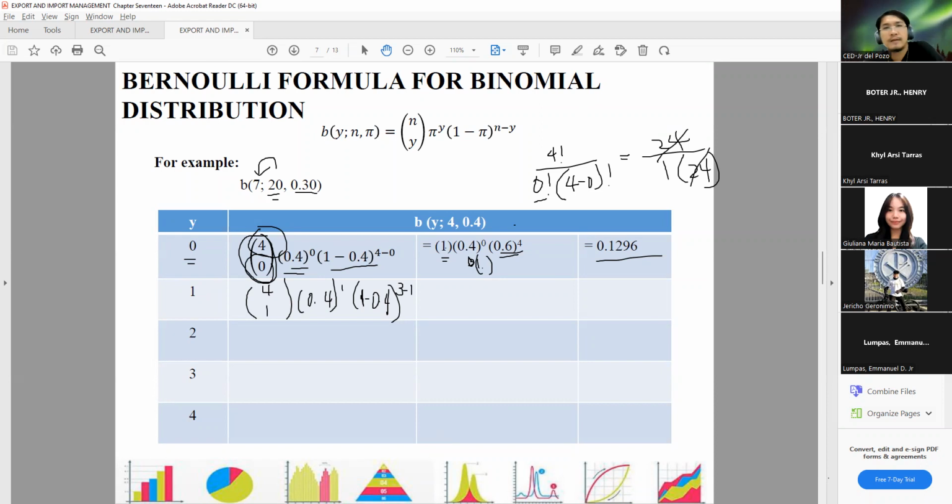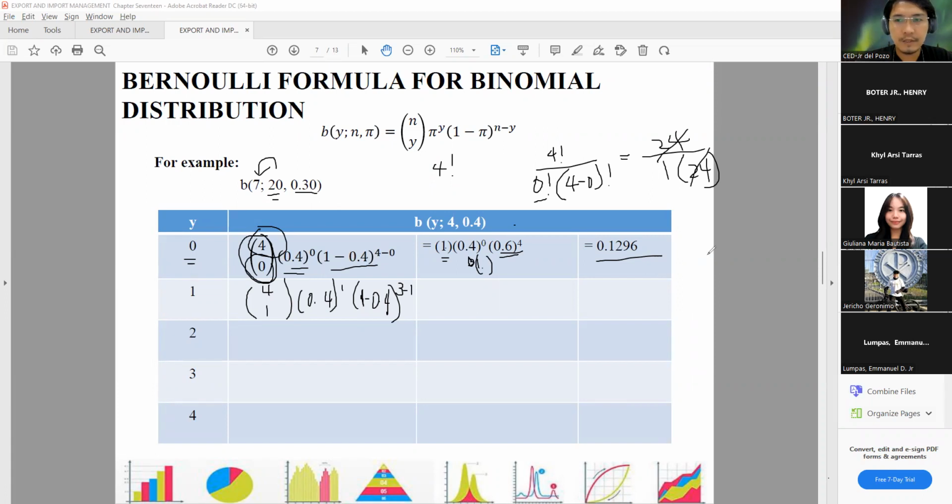Hello. Yan. Ano sagot natin dito sa 1? Okay. 0.576. 0.3456. Hindi ko alam yung sagot kasi wala akong calculator. Pero ganun lang yun naman. So, ito ay 4 factorial.